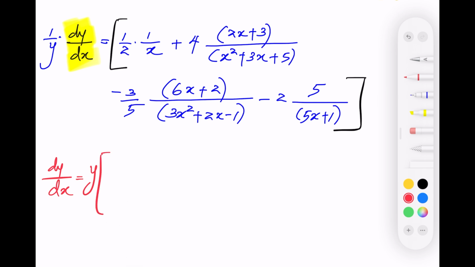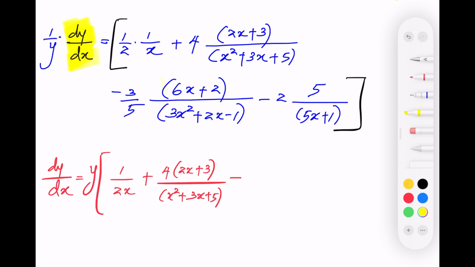The first term is 1 over 2x, plus the next term is 4 times 2x plus 3 over x squared plus 3x plus 5, and the next term is negative 3 times. From this also I can factor out a 2. If I factor out a 2 from that term, it will be 2 times 3x plus 1. That 2 should be multiplied by the 3 right here.